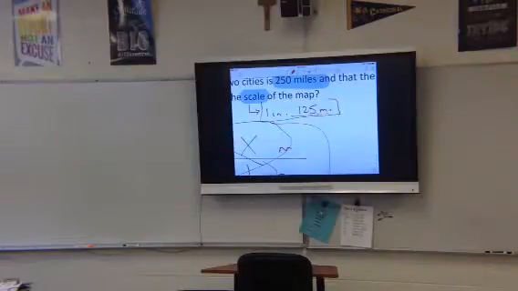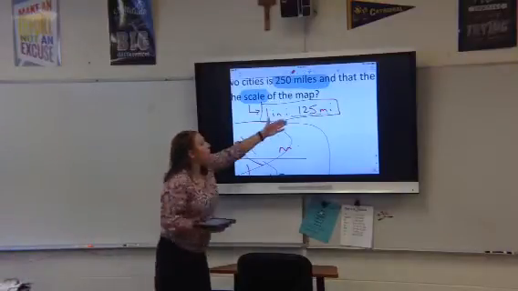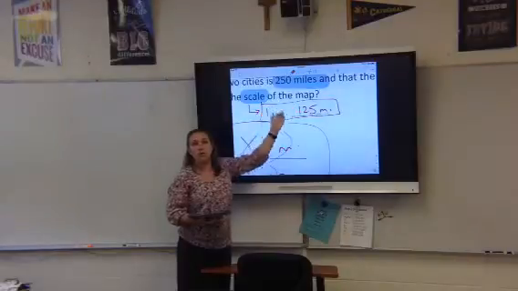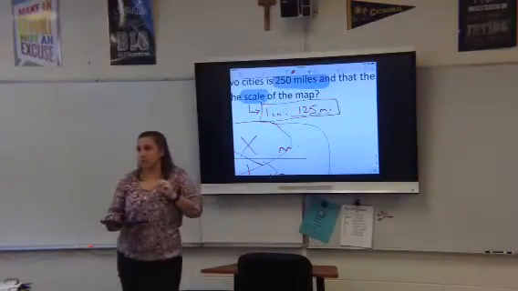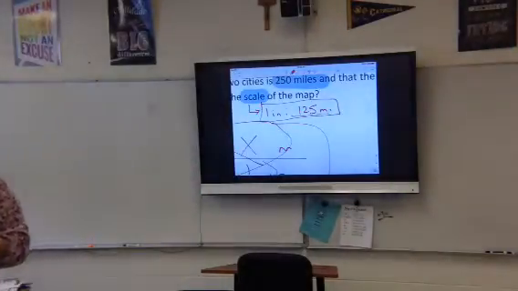This is the scale. This is what we're going to have for a final answer. Okay, scale. How far in real life is 1 inch on a map? That's what we're looking for here. So a scale will always be in terms of 1. Okay, does anybody have a question on that? Because that's a little tricky, I know.